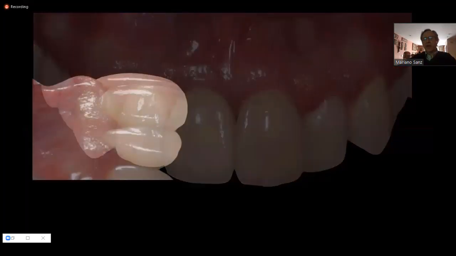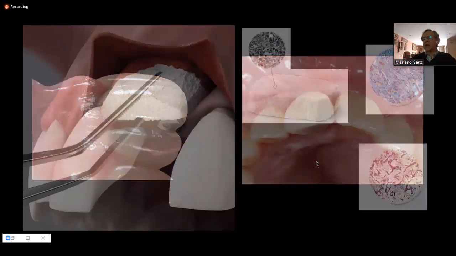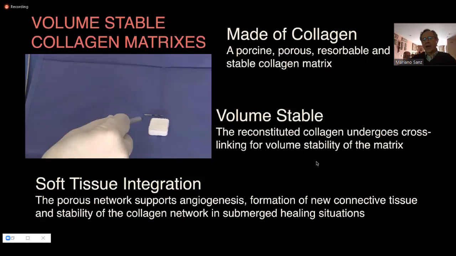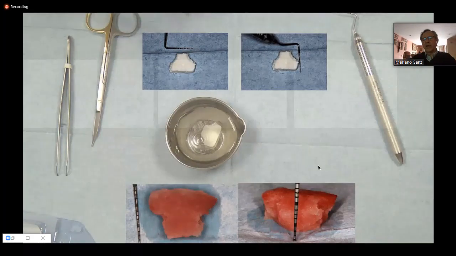Nowadays, we even have new biomaterials that are able to withstand the volume even better, these volume stable collagen matrices, which are cross-linked collagen matrices.